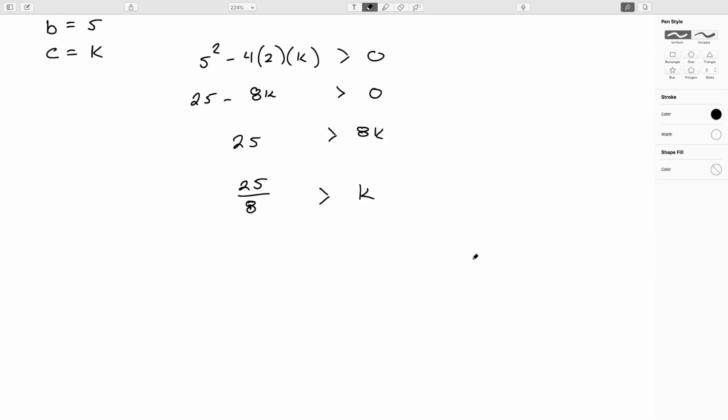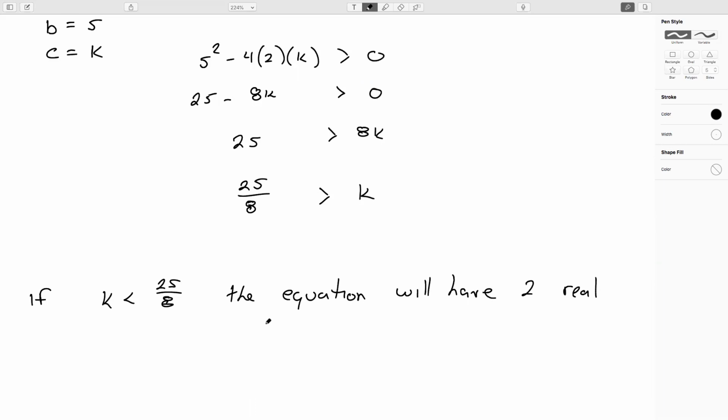So in other words, k must be less than 25 over 8 in order for the equation to have 2 real roots. So if k is less than 25 over 8, the equation will have 2 real solutions.